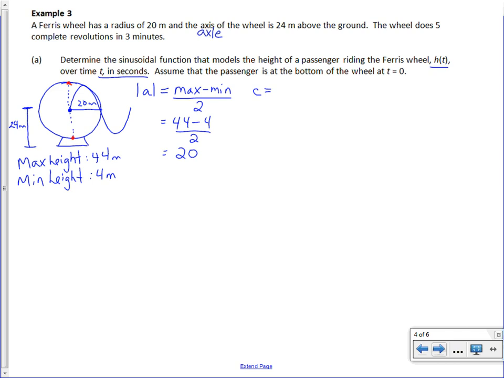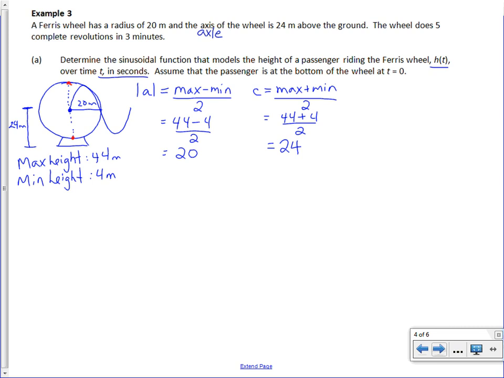What do you think, how are we going to find C? It will be max plus min over 2, or 44 plus 4 over 2. 48 over 2 is... Ooh, we knew 24 too, didn't we? What was 24? Height of the axle.